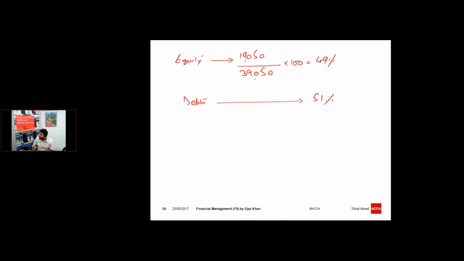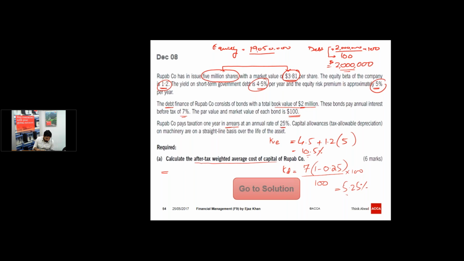It's wrong. So recalculate the percentage. It's 90%. I don't think it's 90%. Okay. Oh, yes, you've made a mistake.